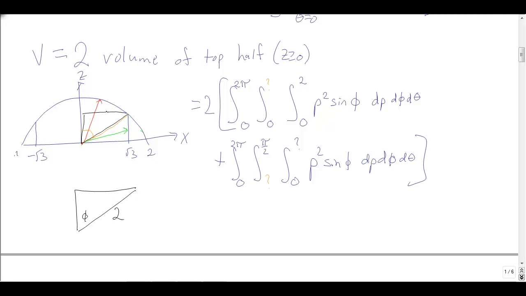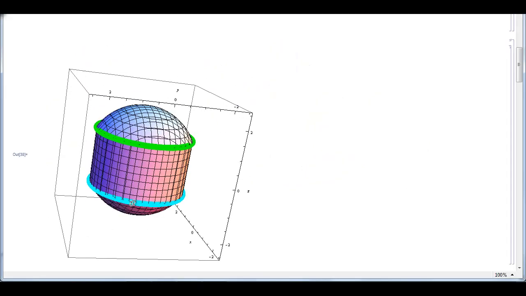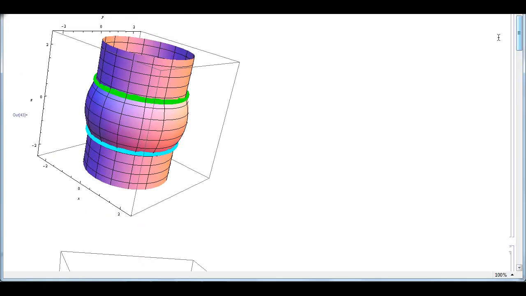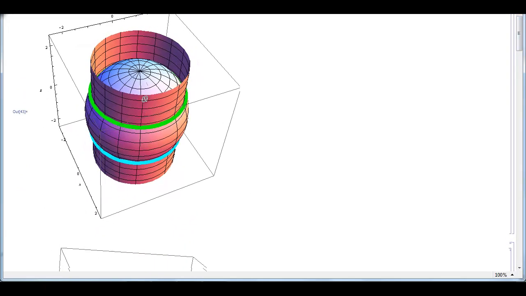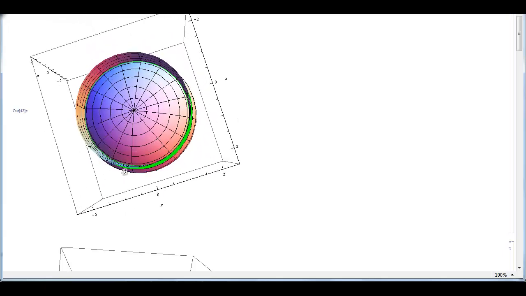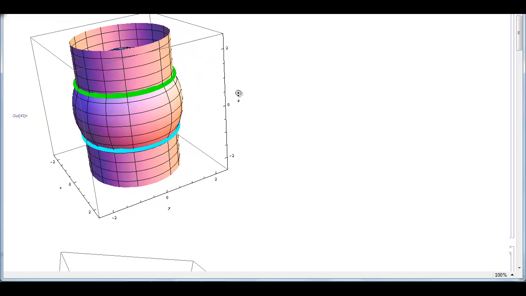This height here, well, I don't know what that height is, but it's the height of the intersection of the sphere and the cylinder. So in Mathematica's view, it's really the height of this green circle here. Or if we go back up a bit further, that's that green circle, where this cylinder intersects this sphere. You can see the green a little bit there, but that's what we're looking for.